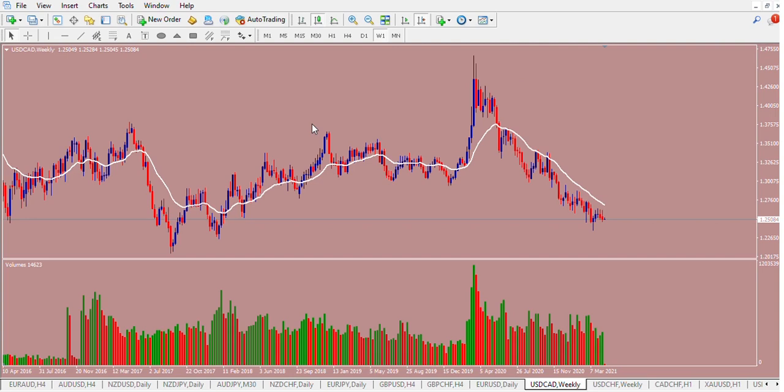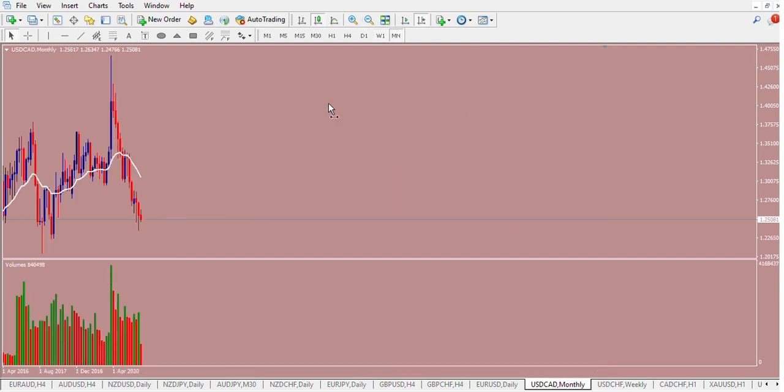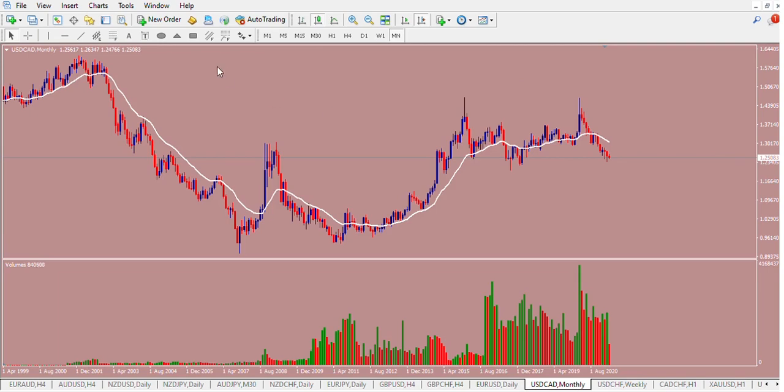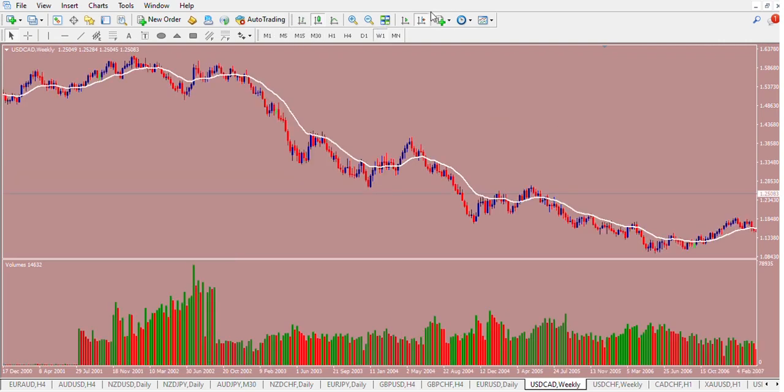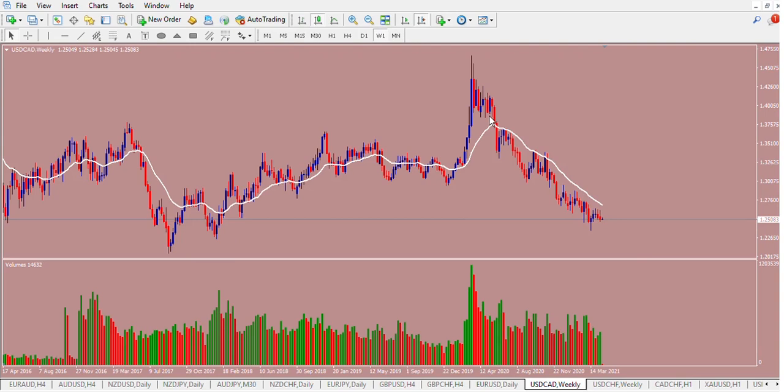We might have a very good up move coming soon, but that is only if USD chooses to be stronger and the CAD chooses to be weaker. But for now, we respect the trend, which is the bearish trend, so we'll be looking for bearish opportunities.